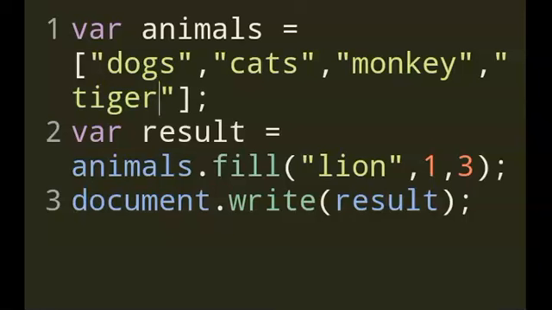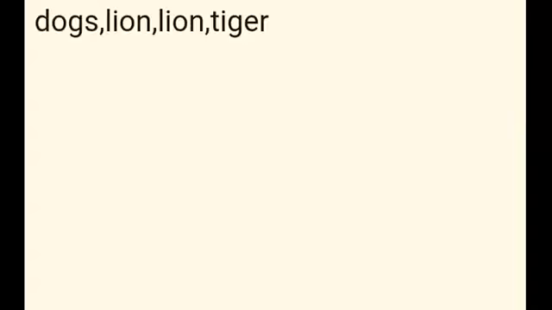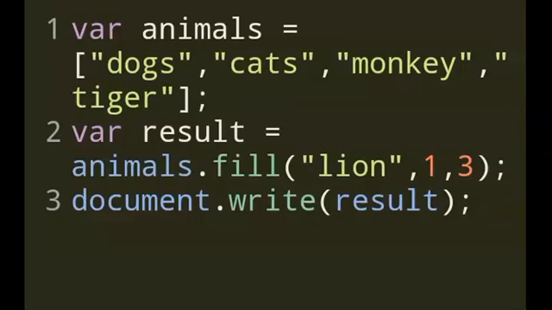This is supposed to be like that, right? So let's see. So here we find the tiger remains. It's just lion, lion, and then tiger, which means it is starting at index 1 and then covers index 2. Index 3 remains the same, meaning it doesn't replace index 3.